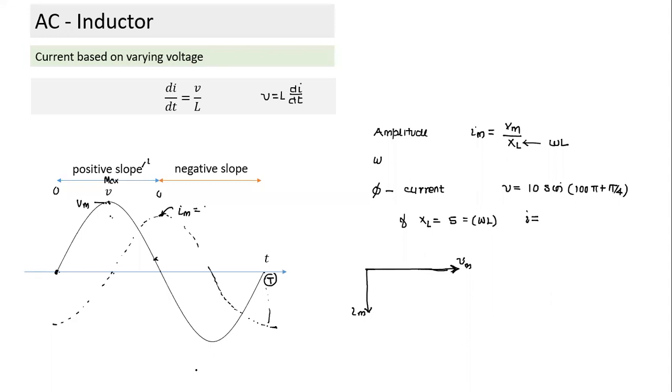Advay, can you write the equation of current here? Sorry, I missed one term T here. Advay, can you write an equation for current here? Not sure, sir. Okay, let me say, who else can type?